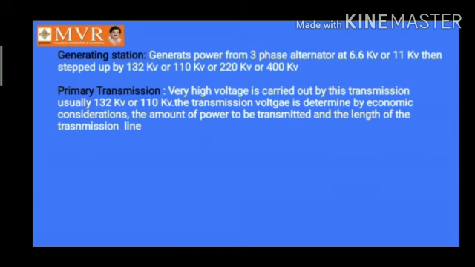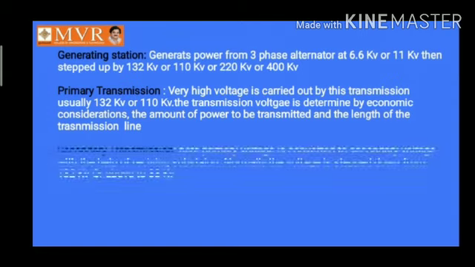We carry a voltage of 132 kV and step down to 110 kV. Generally this substation will be located far away from the cities, and the transmission voltage is determined by considering economic conditions, the amount of power to be transmitted, and the length of the transmission line.